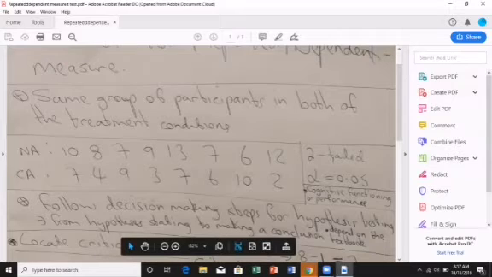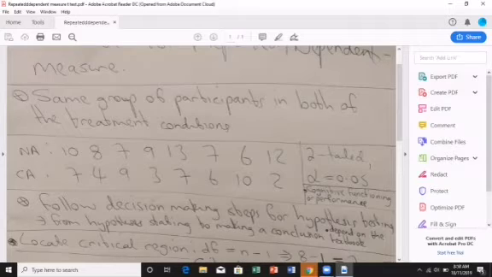Sometimes you are told to use a two-tailed or non-directional test, but sometimes you're not told. It depends on the way the question is written. You're also given the significance level. Sometimes we don't write the 0, it's just .05, but just for control, I wrote it like this.